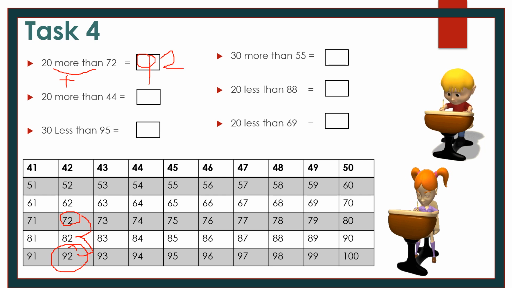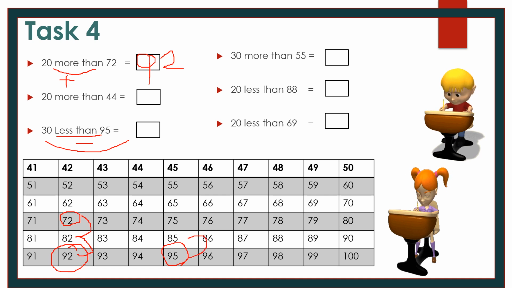Okay? I will solve one more example here. When I say 30 less than 95. Whenever there is a less than, always use subtraction. I will go on 95. When there is a subtraction, I will count back. 30 is 3 tens.